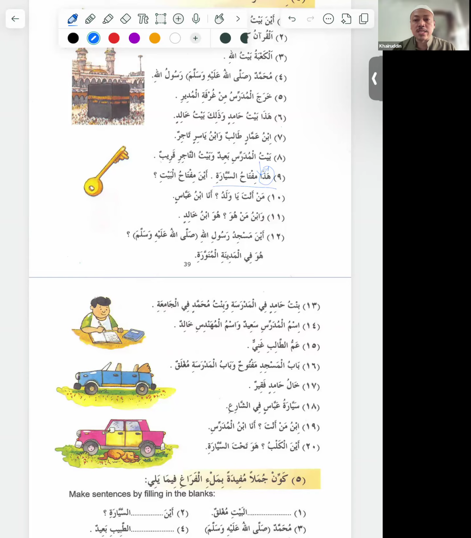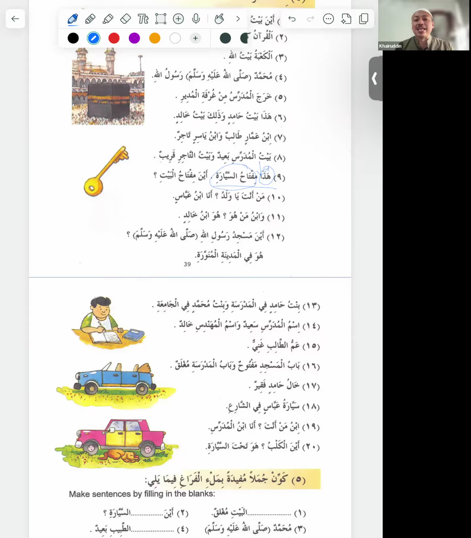So the mubtada is the isim isyarah here, hadha, this, and then miftahus sayyarati, the key of the car. This is something we call mudaf and mudafun ilay, the possessor and the thing possessed. The possessor here, the mudafun ilay, is the sayyara, and what does it possess?